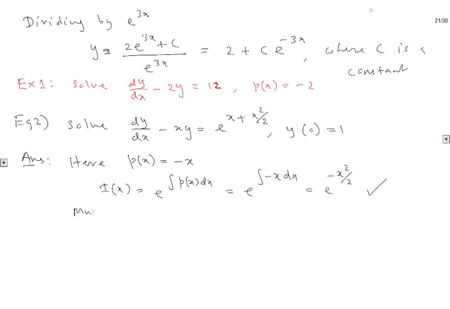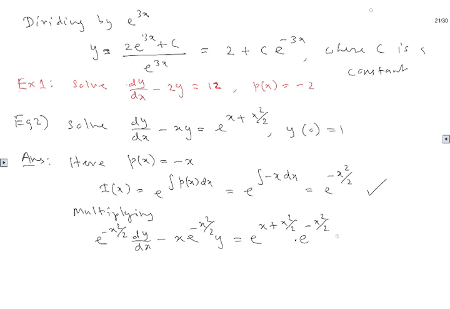Multiplying, we're going to get e to the negative x squared over 2 dy over dx minus x e to the negative x squared over 2 y equal e to the x plus x squared over 2 times e to the negative x squared over 2.